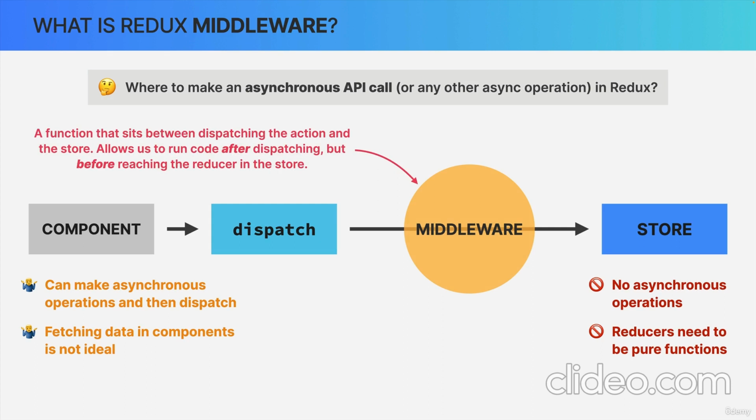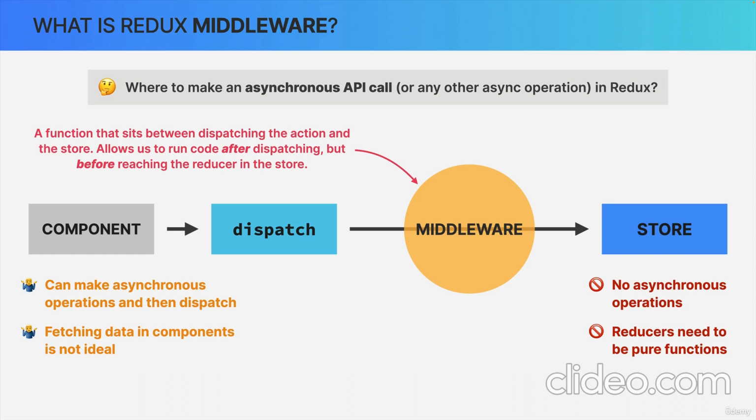This means that a middleware allows developers to run some code after dispatching an action, but before that action reaches the reducer in the store. So again, usually after we dispatch, the action immediately reaches the reducer and the state is updated. But with a middleware, we can do something with the action before that action actually gets into the reducer.